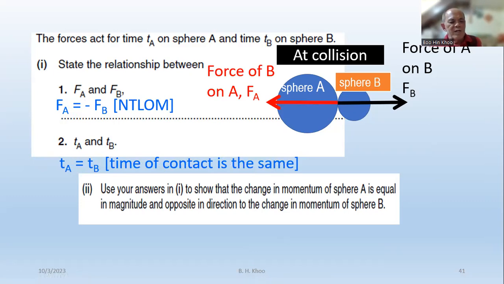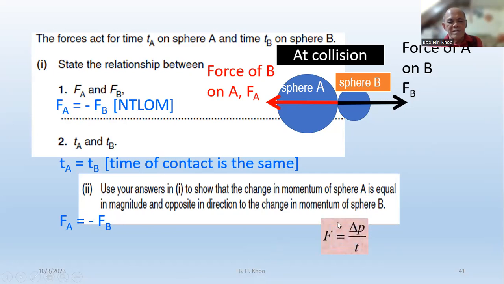Use your answer in 1 to show that the change in momentum of sphere A is equal in magnitude and opposite in direction to the change in momentum of sphere B. Okay, so we are just using that one there.